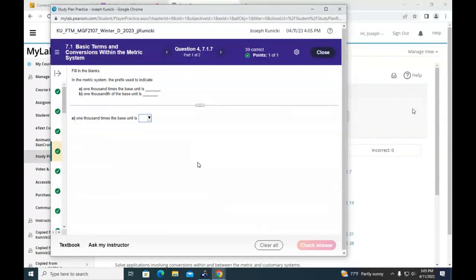Thousand, both of those are used, kilo and milli. So if you go up three powers of 10, 3 decimal places, it's kilo. And kilo itself has the designation of 1,000 grams.